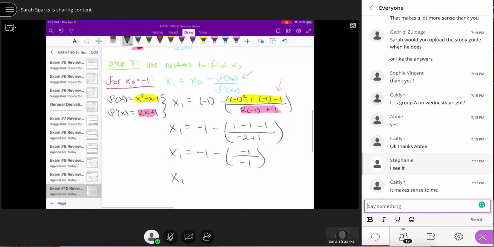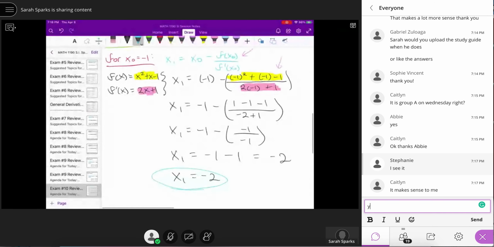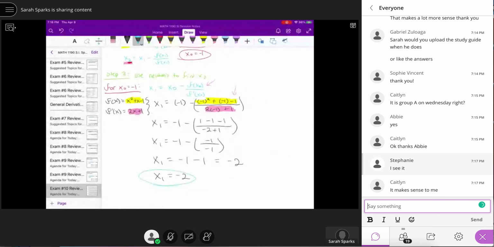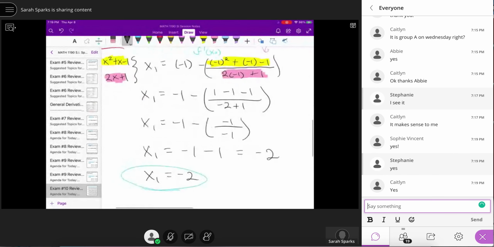So x1 equals -1 minus 1 equals -2. So our x1 is going to equal -2. Does that make sense? Awesome.